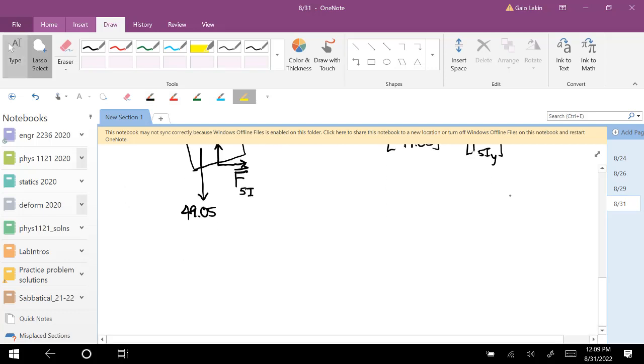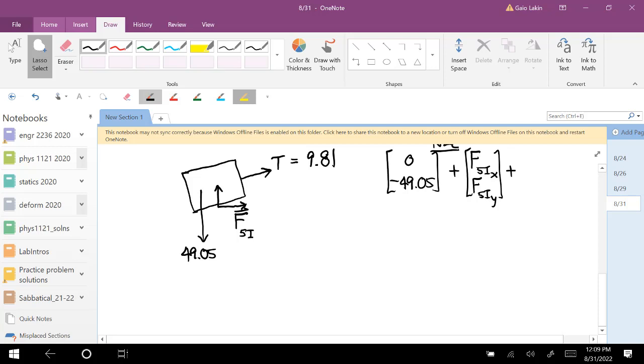That's parallel to the incline, and the incline is at 20 degrees with the horizontal, so we know that this is at 20 degrees above the horizontal. So if you think of starting at the positive x-axis and then rotating counterclockwise to that, it's just going to be cosine and sine of 20 degrees.